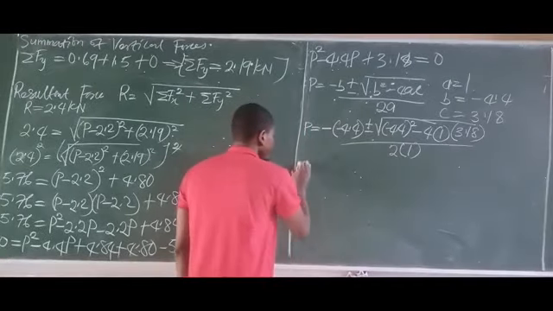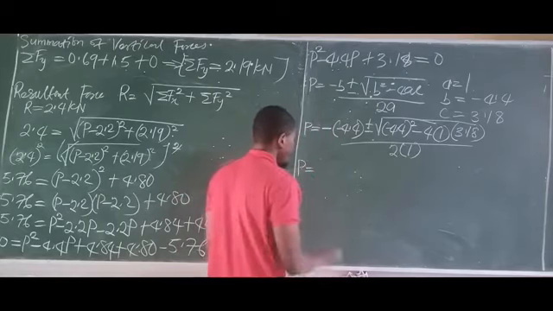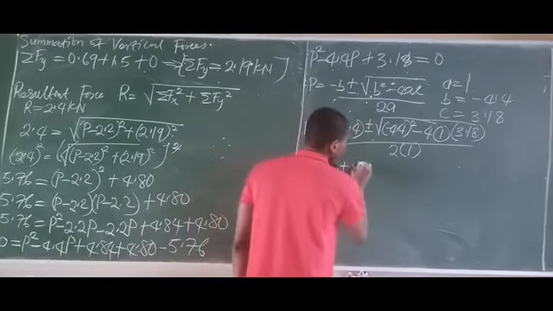Take note, minus times minus becomes plus. So I have 4.4 plus or minus the square root.